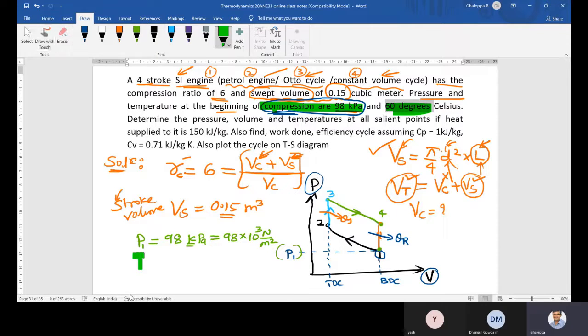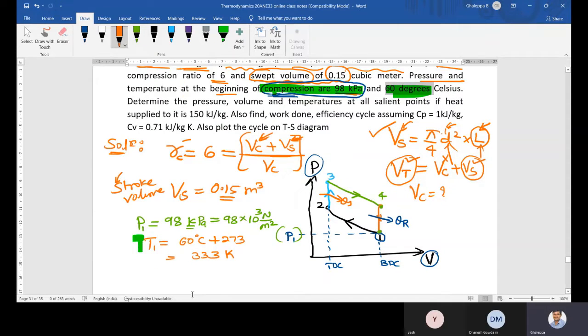So T1 is equal to 60 degrees Celsius. Convert to Kelvin: 60 plus 273. How much will you get? 333 Kelvin. Is it right or wrong? 60 plus 273.